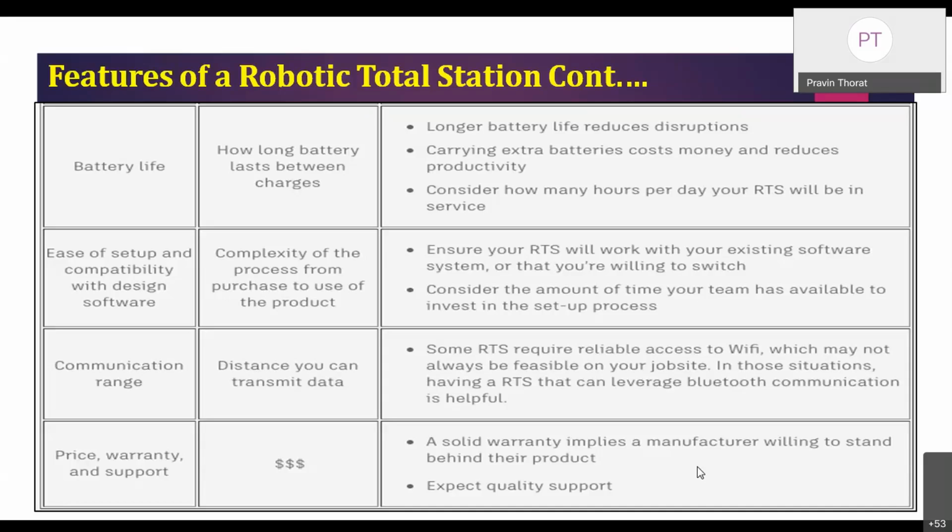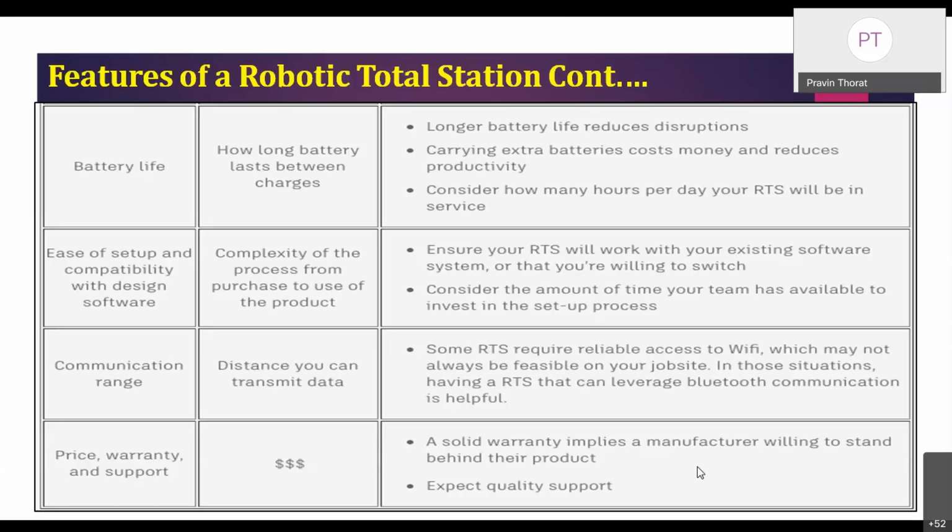Then ease of setup and compatibility with design software. We know that the total station survey data has to be transferred to the computer or various types of software for accessibility, for making maps or for any type of calculation. Complexity of the process from purchase to use of the product. Likewise, when we use a Leica company total station, some software will not match with this application.